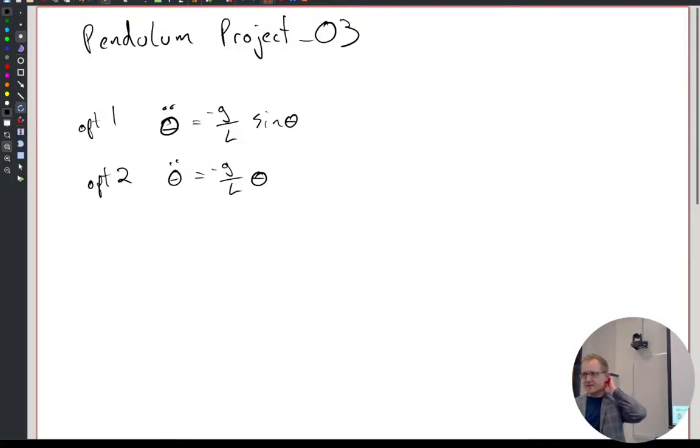So if we have these two differential equations to describe our equation of motion, what can we measure? We can make a prediction and then we can measure it and have a comparison between the two, because then we just subtract one from the other and we say our model is within so much percent, right? Or so many somethings. What are we going to measure?